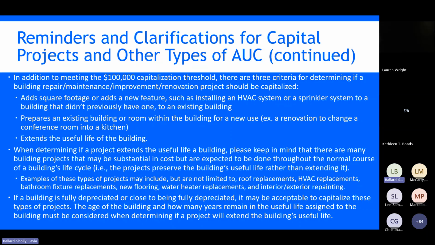The logic is that even if something doesn't normally extend the useful life of a building, if it's fully depreciated, there's no longer any useful life to extend. And this still requires a little bit of judgment.